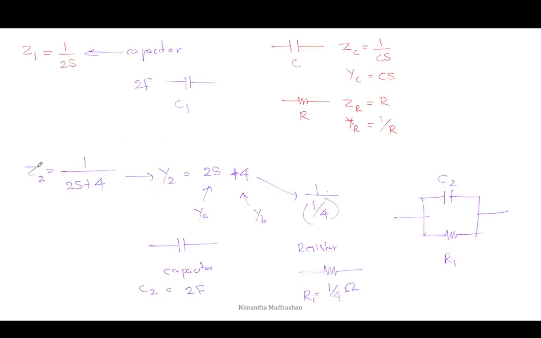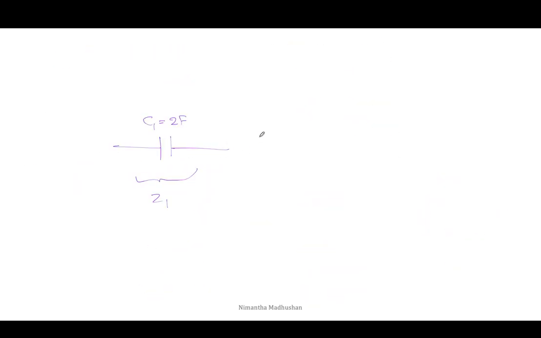Then I can draw the final circuit of the given function. There is a capacitor C1 of 2 farad, and this one is Z1. Z1 and Z2 are connected in series.